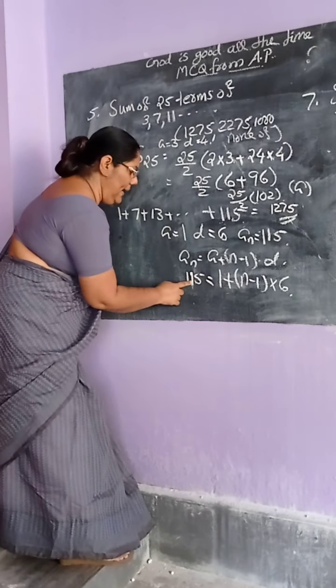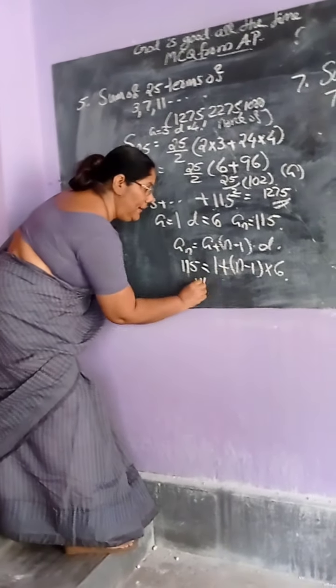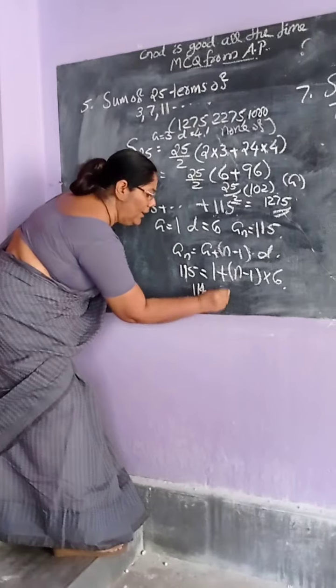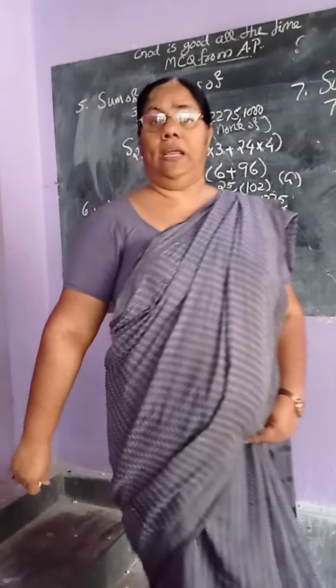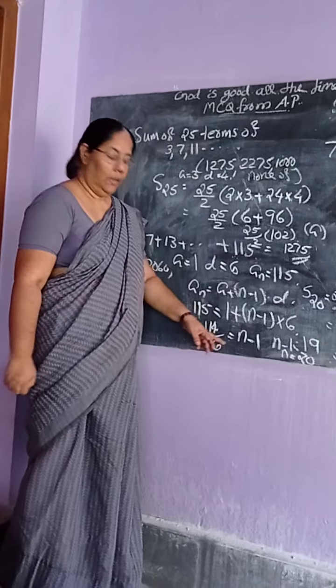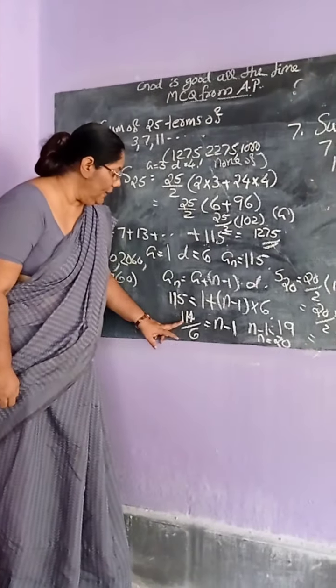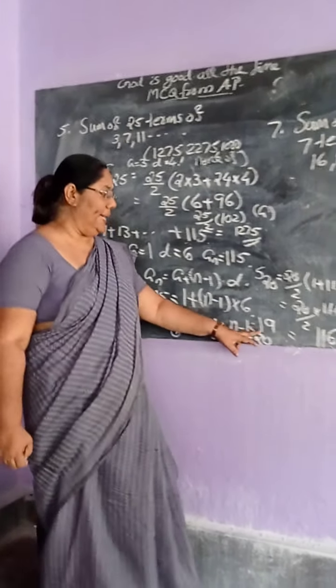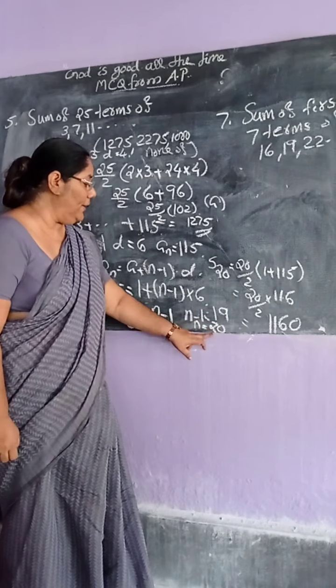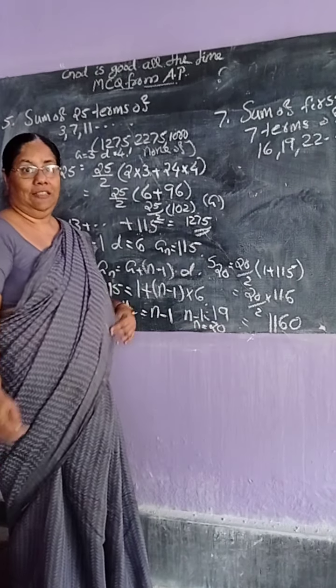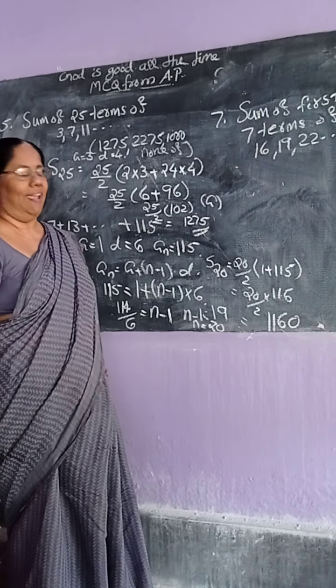That is 115 minus 1 is 114, by 6 equal to n minus 1. 114 by 6 is 19. Got it? Then n is equal to 19 plus 1 equal to 20. That means 20 terms are there.